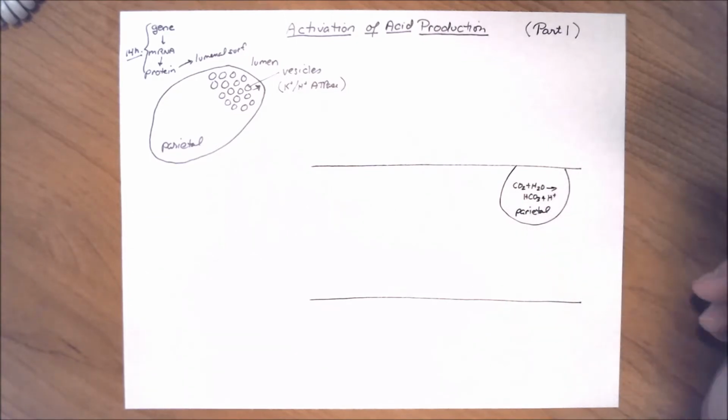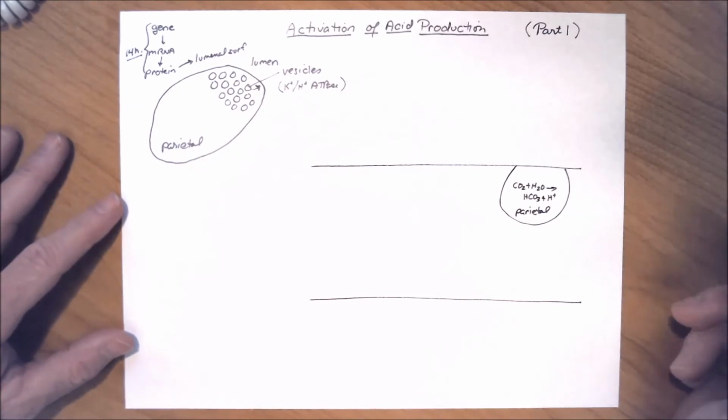What stimulates this process? Because we don't want this process to occur when there's no food present, or there's no sense of food becoming present. Otherwise, we will waste energy producing acid and possibly cause damage to the stomach lining. So we need a controlled process.